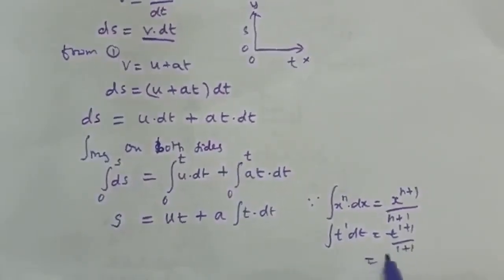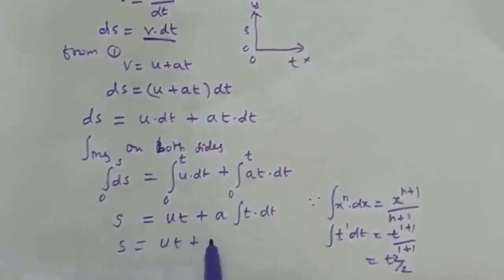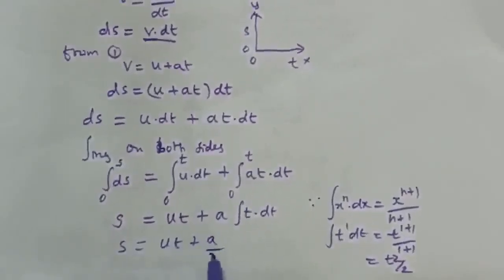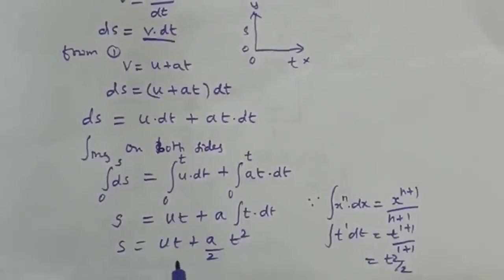Therefore t square by 2. Now substitute here. Therefore s is equal to ut plus a by 2 into t square.